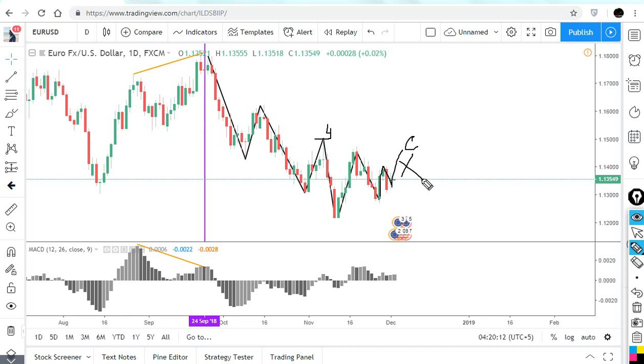So after this, now let's find out again in our MACD. We see what we see here. We see that there is a higher high and a higher low.